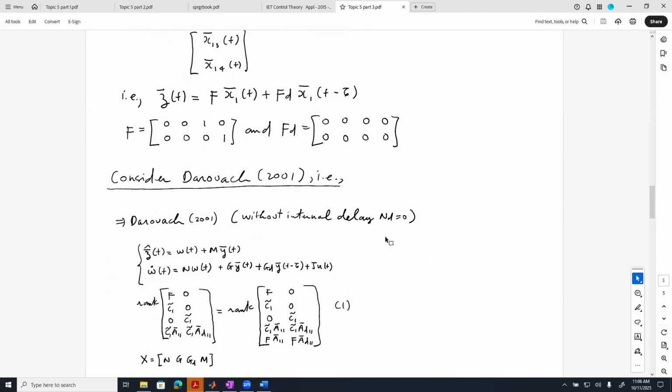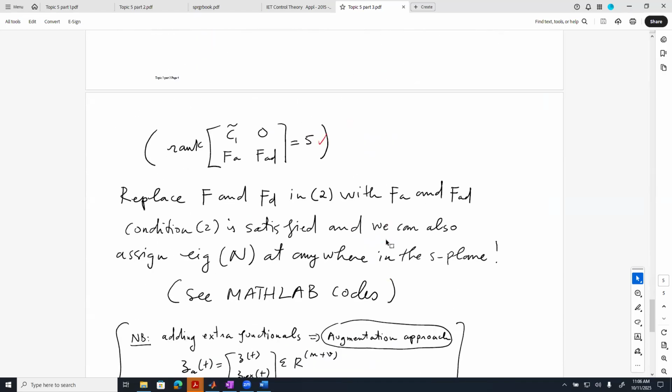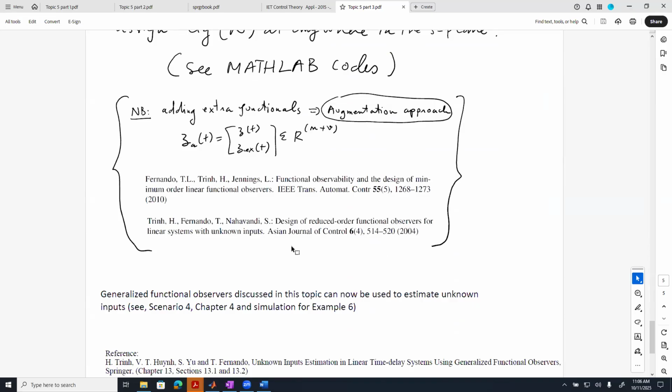As well as that, we also look at the insertion of an additional function, which we call the Z extension there, for a class of linear time-invariant systems with unknown input.